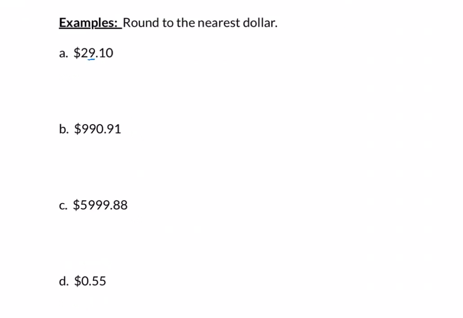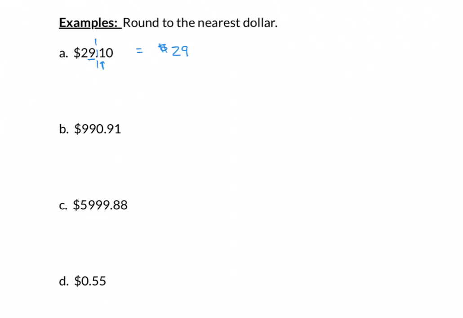I have a 9 in my dollar column. Just like before, we're going to put our dashed line. We look at the digit to the right, it is a 1, which is less than 5. So we are going to round down. We're going to leave the 9 the same, and we get $29. No decimals.